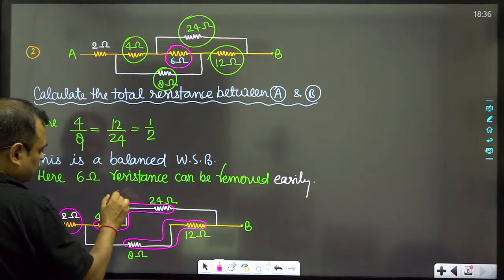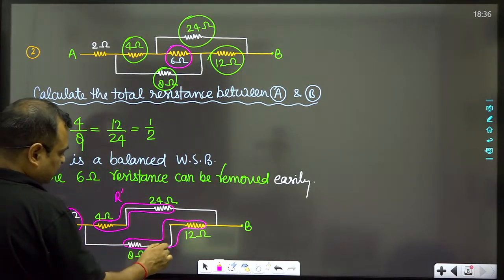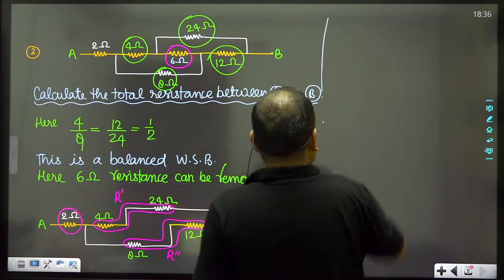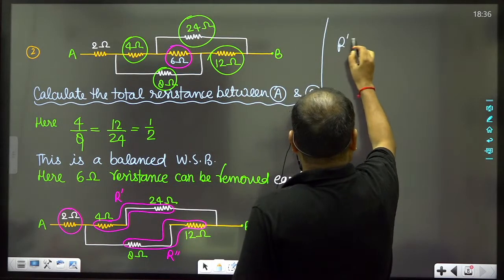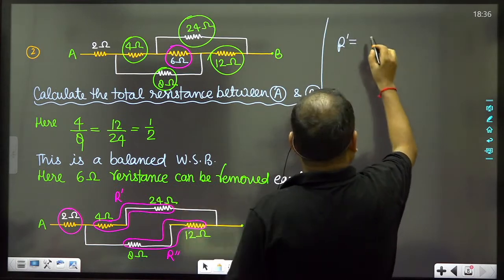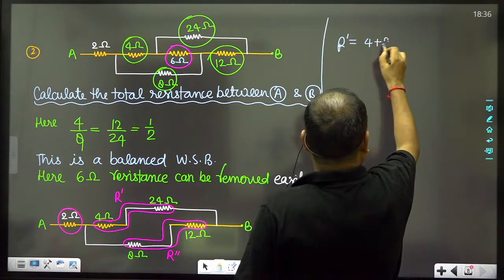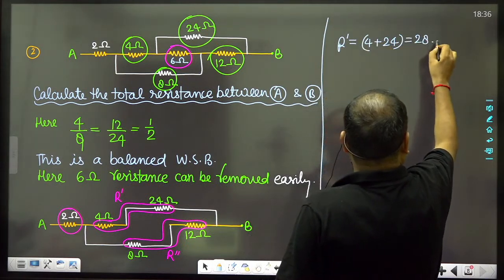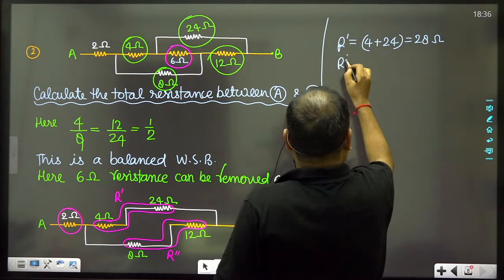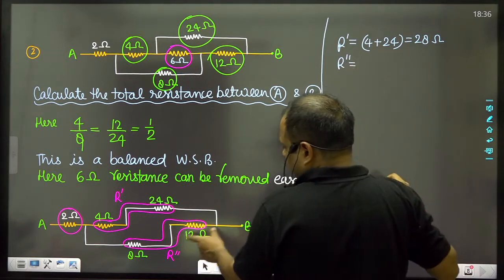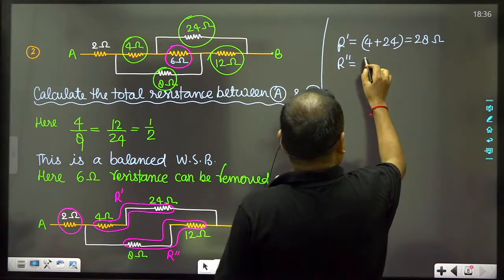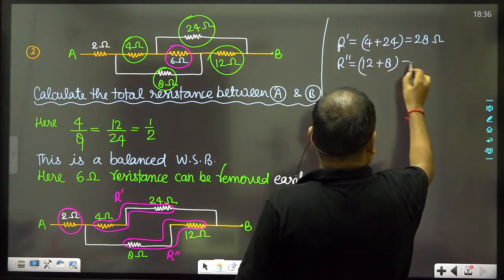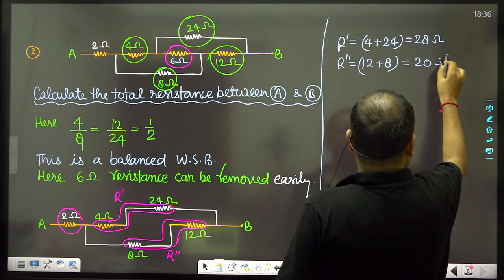So here we have R dash and R double dash. R dash will be equal to 4 plus 24, and this will be equal to 28 ohms. And R double dash will be equal to 12 plus 8, and this will be equal to 20 ohms.